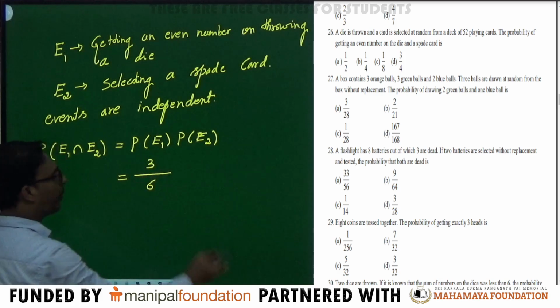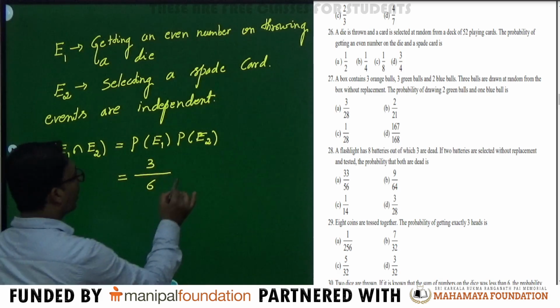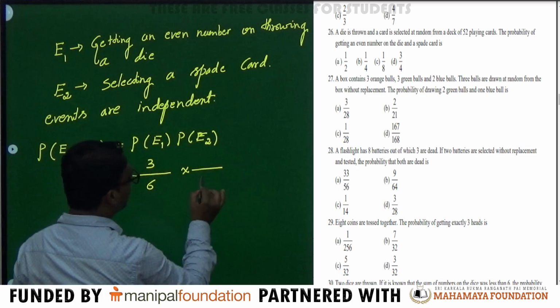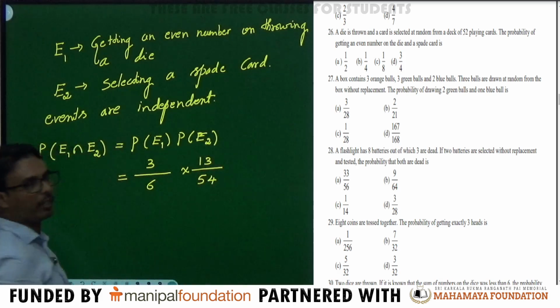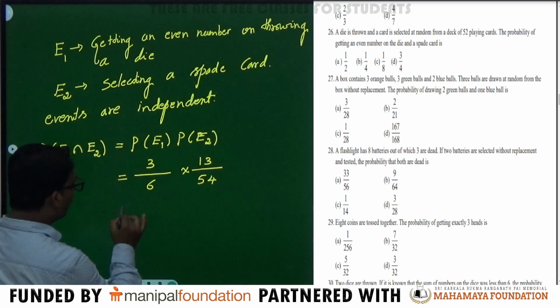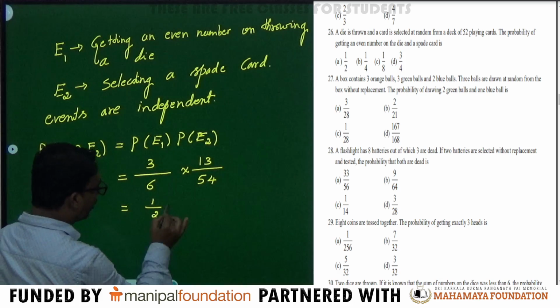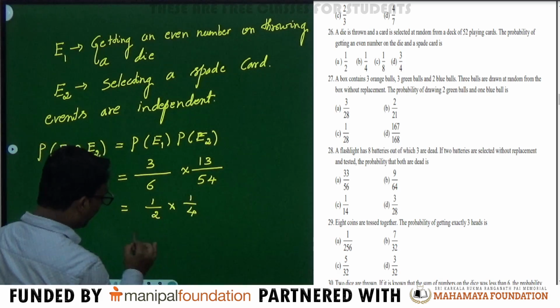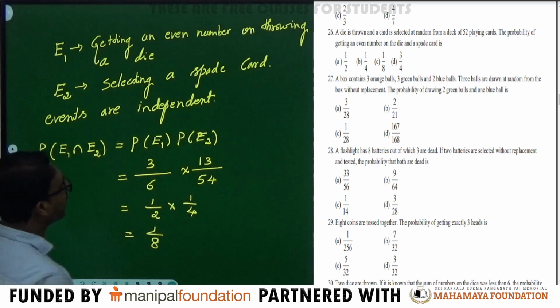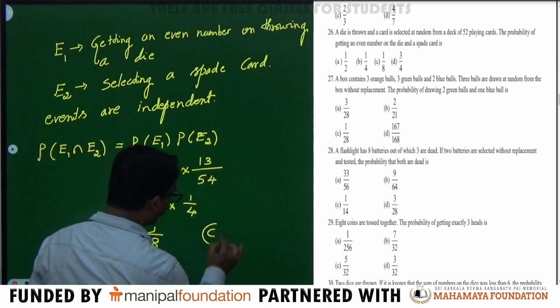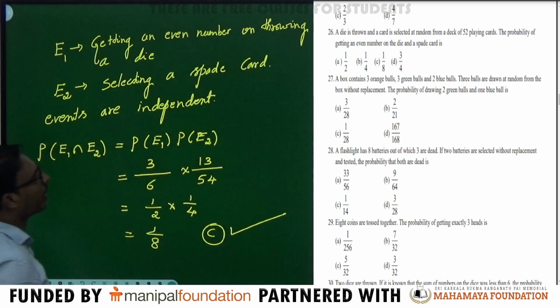It may be 2, 4, or 6. And from the playing cards, there are 52 playing cards, of which 13 are spade cards. It is equal to 1 by 2 into 1 by 4, which is 1 by 8. Therefore, the correct answer is option C. Option C is the correct answer for question number 26.